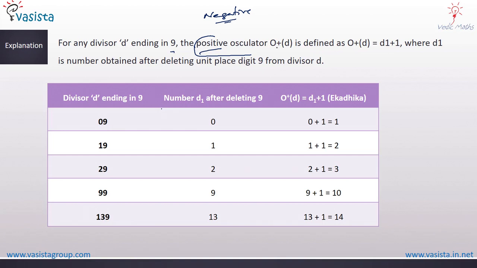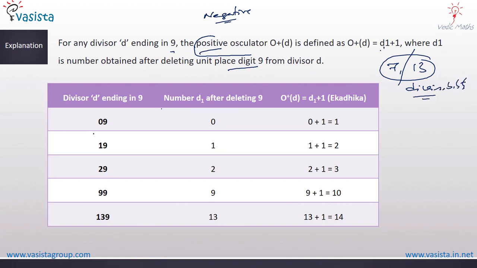The oscillator, defined as 0 plus t, is nothing but d1 plus 1, where d1 is the number obtained after deleting the unit place digit 9 from the divisor d. You will know this from using the 7 and 13 divisibility rule, that is Ekadhika.